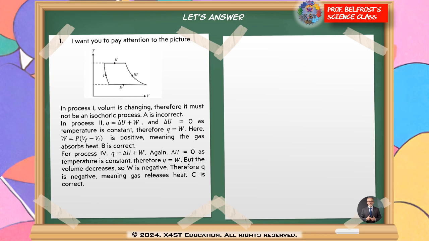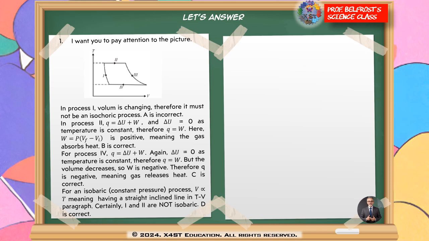Now we have option D. Processes 1 and 3 are not isobaric. How do we know a gas undergoes an isobaric process? For an isobaric process, it means that the pressure is constant along the process. Then, because P is constant, V must be proportional to T, meaning we have a straight inclined line in the TV diagram.